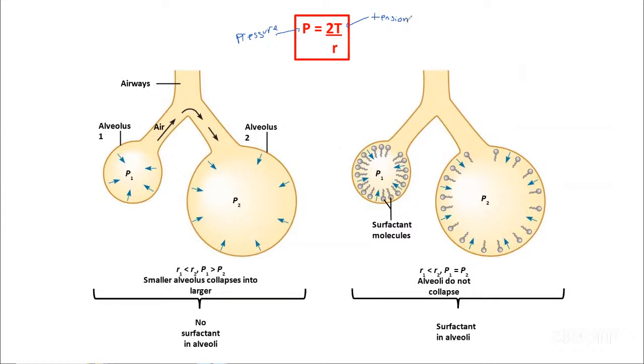And because we know there's a relationship between pressure and volume, right? Like sizes and pressures have a relationship, right? We also have to factor in size here. So R here is radius. So essentially this is telling us about how big the alveolus is. Okay.